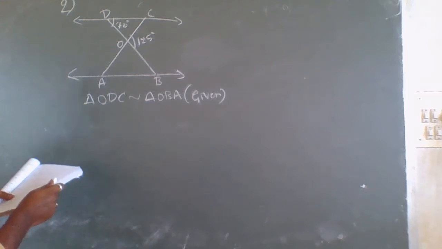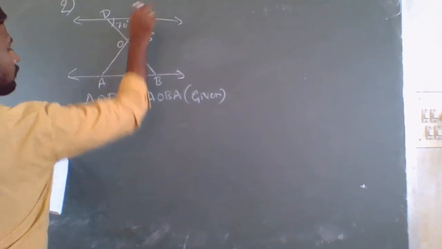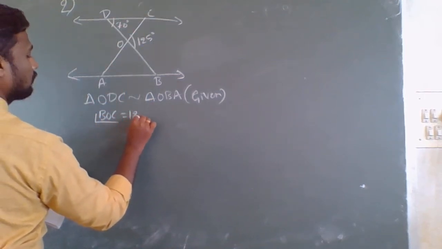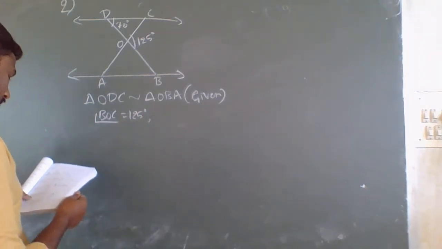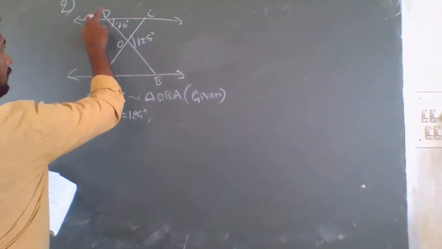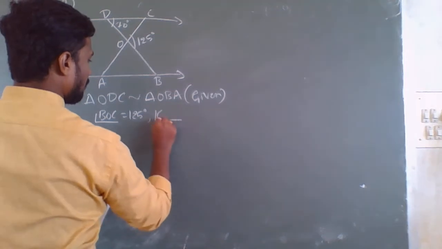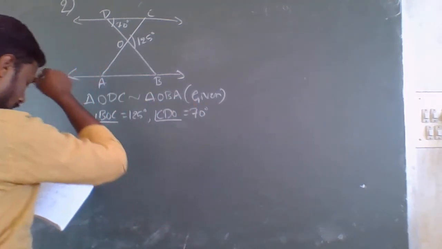And they have given that angle BOC is 125 degrees. Angle CDO is 70 degrees. This angle CDO is 70 degrees.